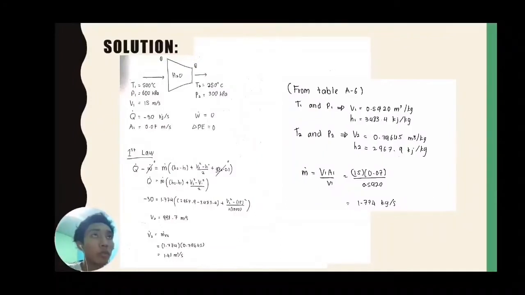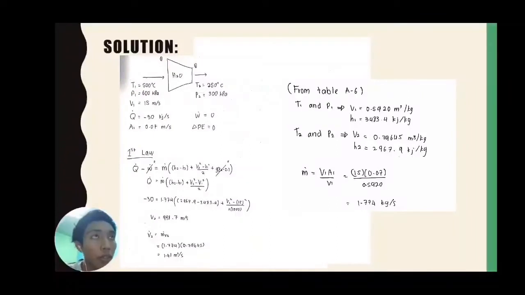From the question, we can list all the information: T1 equal to 500 degrees Celsius, P1 equal to 600 kilopascal, V1 equal to 15 meter per second, T2 equal to 250 degrees Celsius, P2 equal to 300 kilopascal, Q dot equal to negative 30 kJ per second.